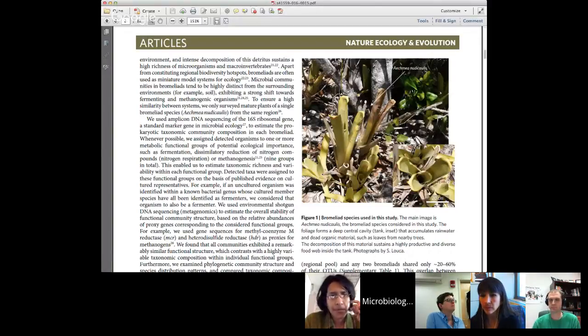In the center there, they've got this well or cavity that they call a tank. It's going to accumulate rainwater and detritus. I'm assuming you could get things like little dead insects in there and so forth. So it's going to accumulate this organic matter, and my guess is that depending on the weather, the level of moisture is going to be changing depending on when they've recently had rain.